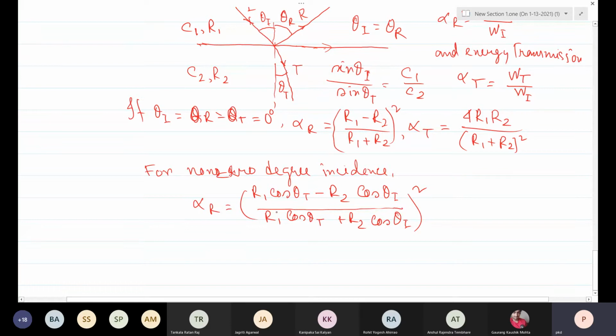That relation can be derived directly from that continuity relation, and then this is simplified to this, and the transmission coefficient, the transmission part, will be directly coming from the residual of the reflection part.